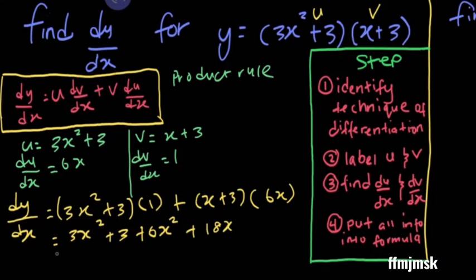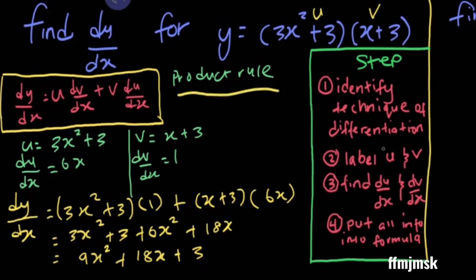Now simplify this equation, then you will get 9x power of 2 plus 18x plus 3. Alright, for this question you will use the product rule, technique of differentiation using the product rule.